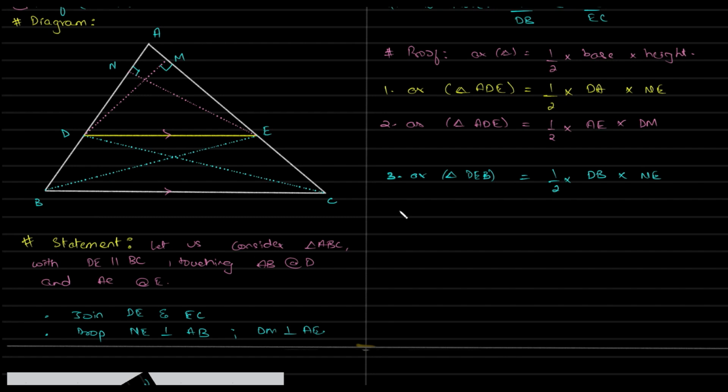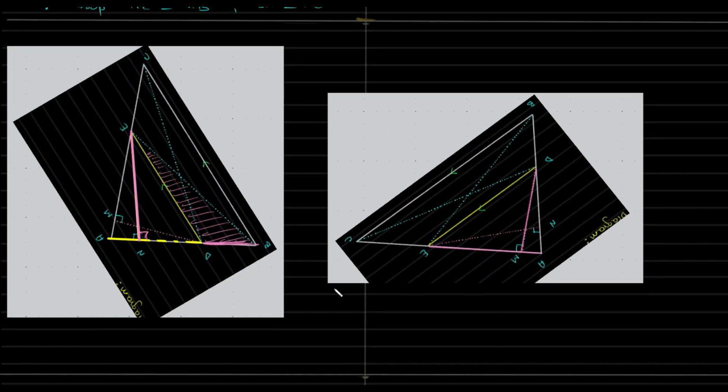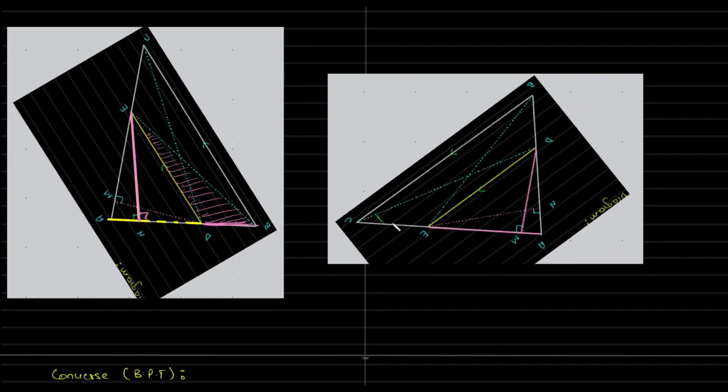Then we have the fourth one, area of triangle DEC is equal to half into, if I take EC as the base, and the height is DM. Again, just pause the video and have a look in your own books. So if this is your triangle, that's your triangle, and this is your base and this is your height for that.